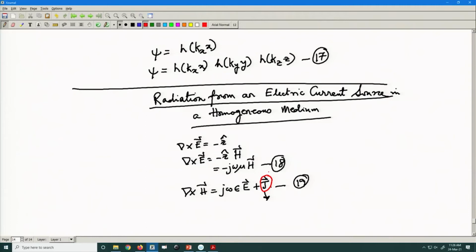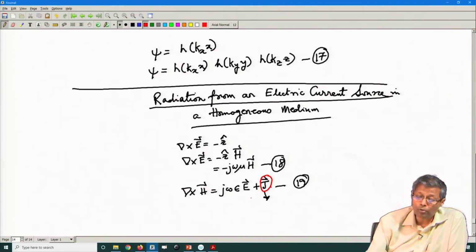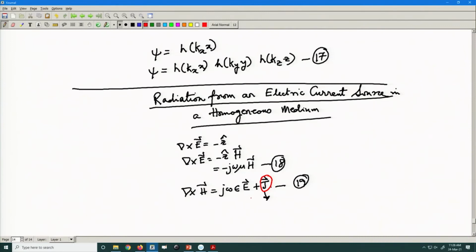In this case, the same trick we applied in order to express the wave equations in terms of E and H, by direct substitution from one equation to the other, will not hold good.